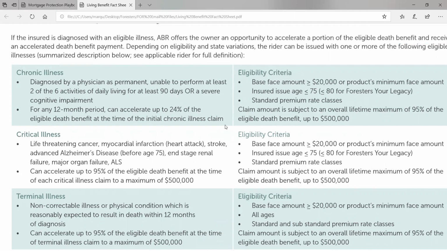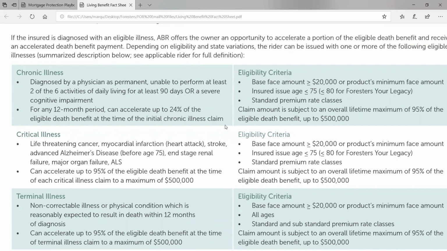And then the other thing, what John's maybe getting confused about, it confuses me too, and I've been doing this for a year and a half, and I'm embarrassed to say it. Like you said, Foresters is up to 95%, but then you've got Phoenix, which is 95. So they're both the same then, right? Yep. And what about their chronic? Get the brochures, because Phoenix is 95 on all three of them.